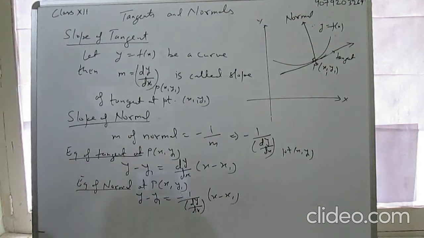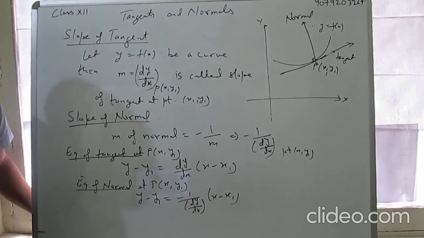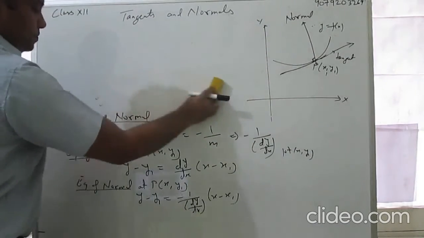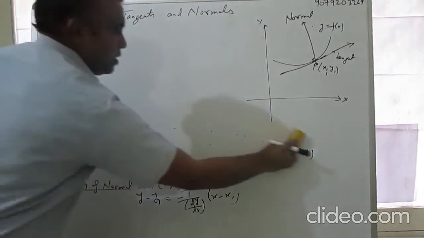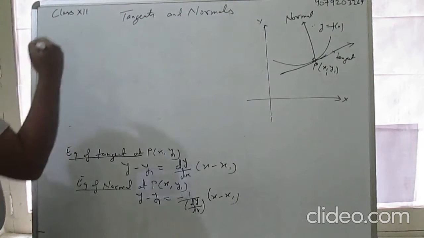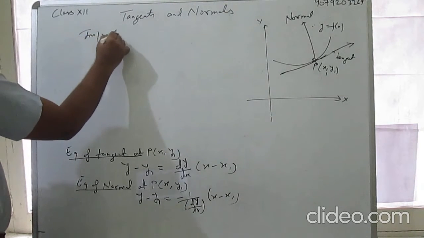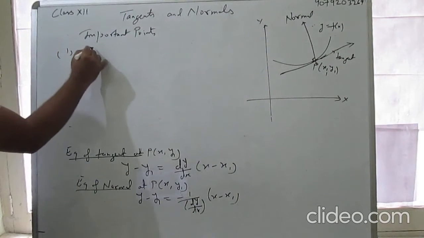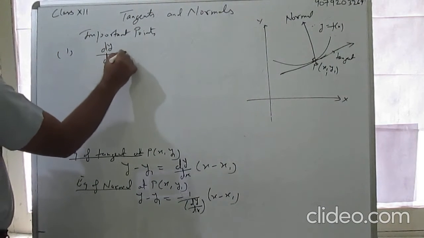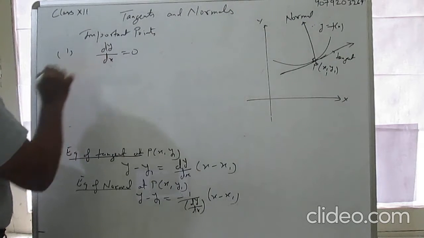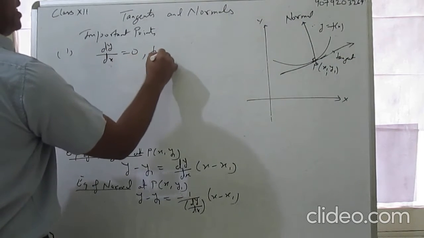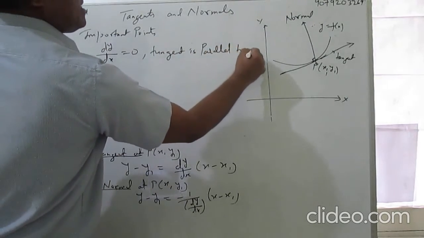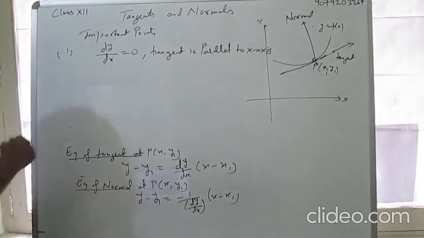Now, some important points about tangent and normal. Number one, if dy by dx is equal to 0, it means tangent is parallel to x-axis.